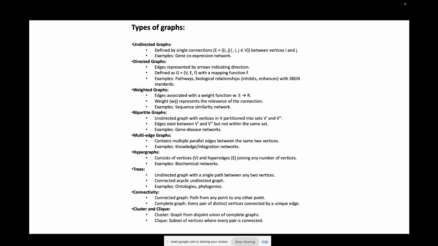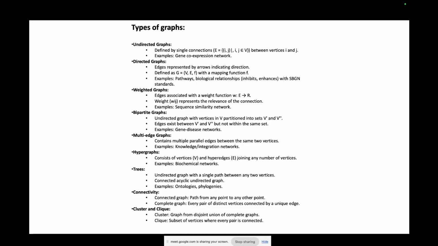On top of that, you have bipartite graphs, which are undirected graphs where the graph is divided into two sets of vertices or two sets of nodes. For example, in a gene disease network, you'll have nodes represented by genes, and you'll have nodes represented by diseases.